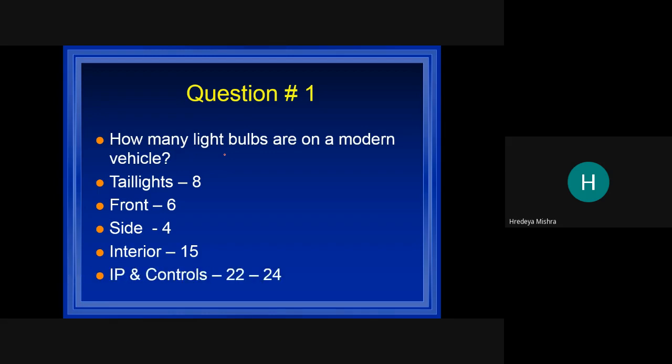The instrument panel and controls use 20 to 24 bulbs. So in total about 56 lights or bulbs are used in the lighting system of present-day automobiles.